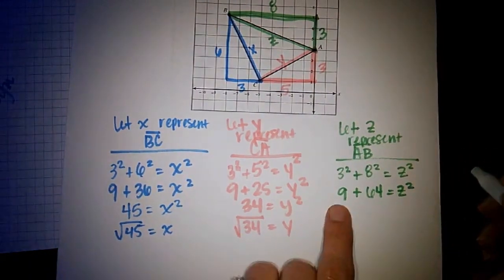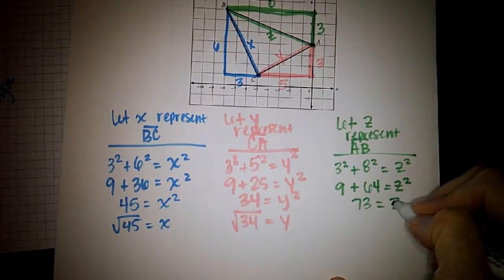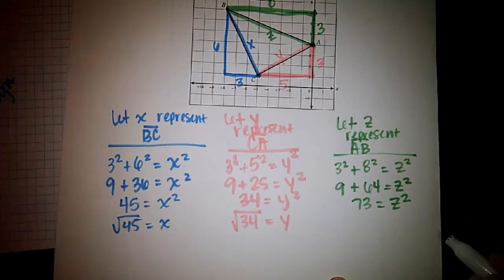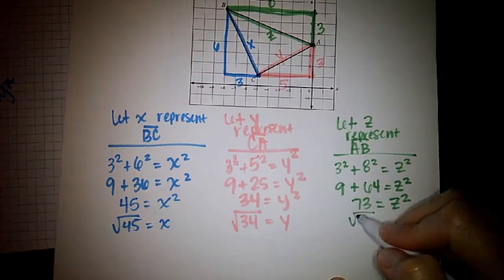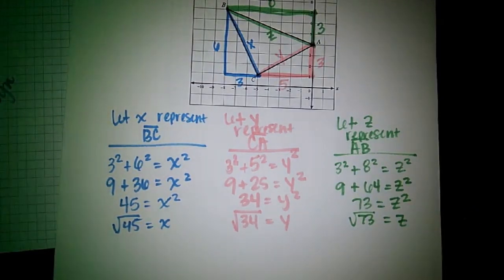What's 9 plus 64, class? Okay, now we're going to do what? Is 73 a perfect square? No, it's not.